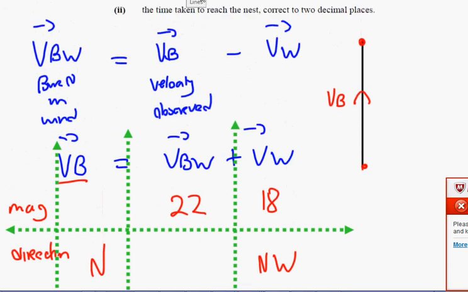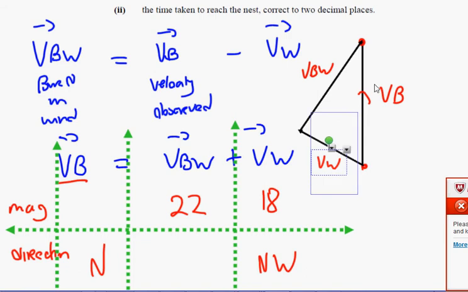What I'm going to do is draw the velocity of the wind going to the left, and then link that up with the velocity of the bird. So here's what the diagram looks like. This here's phi b. This is phi w, and this is phi bw.